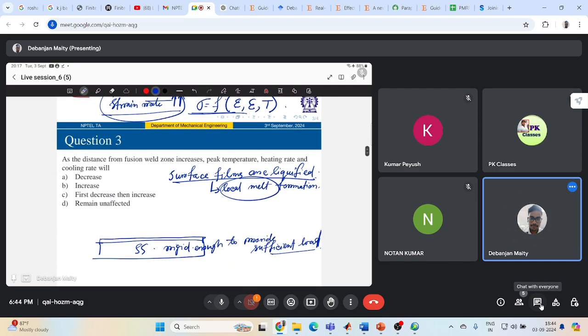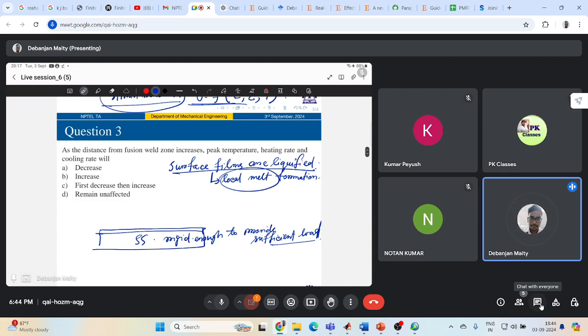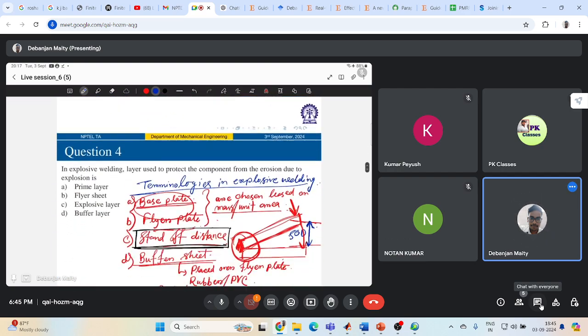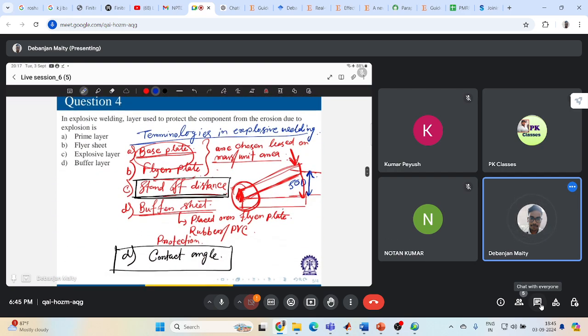Next, this I will come to later because this is something on the heat flow part. Question 4. Buffer layer. Buffer layer is correct. Everyone agreed?